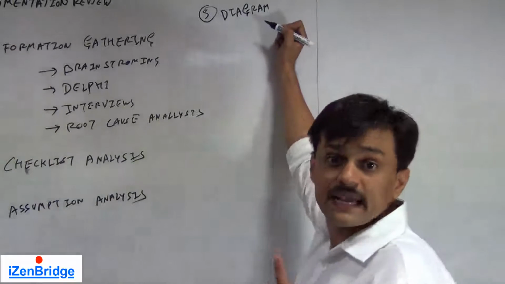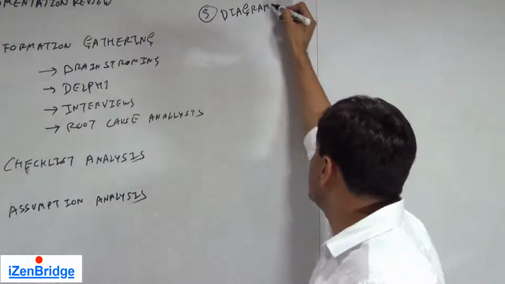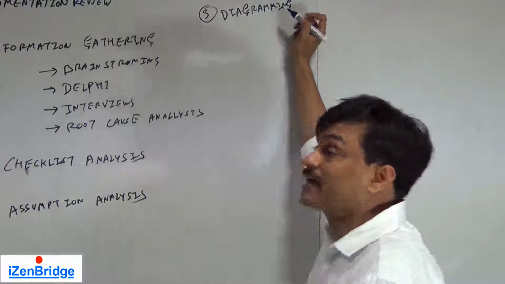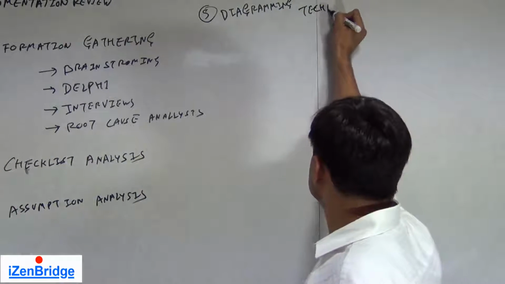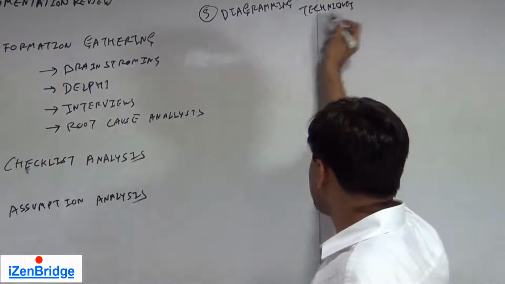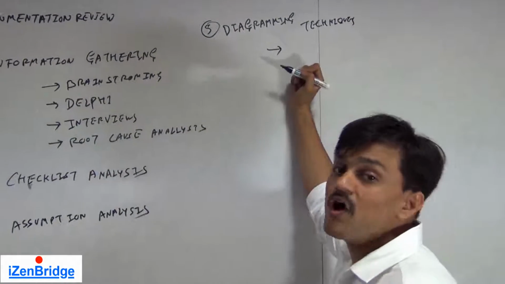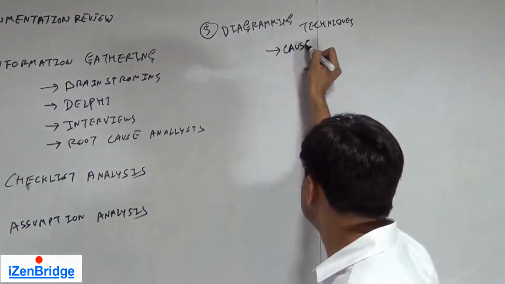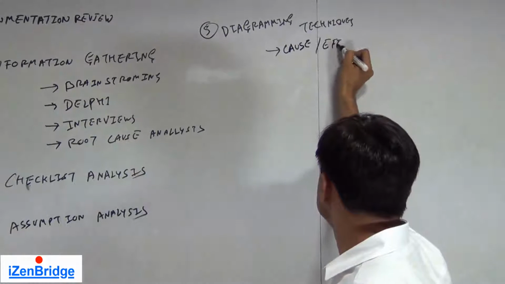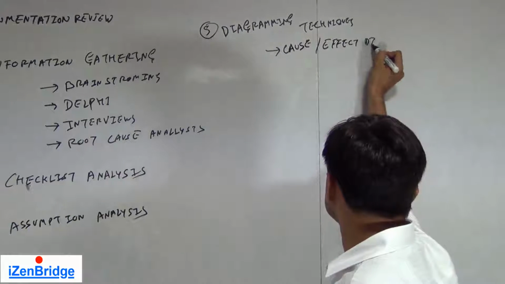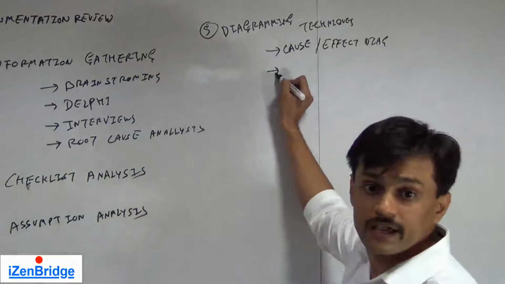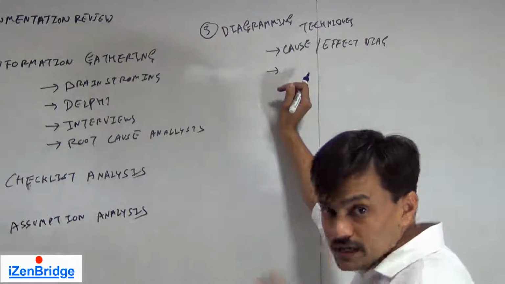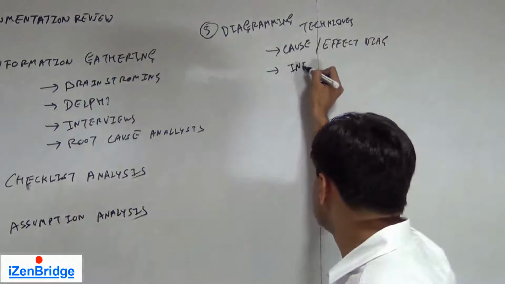These diagramming techniques help us in visualizing the problem by using diagrams, like a cause and effect diagram or fishbone diagram, and an influence diagram, where we can see the impact of one variable on another.